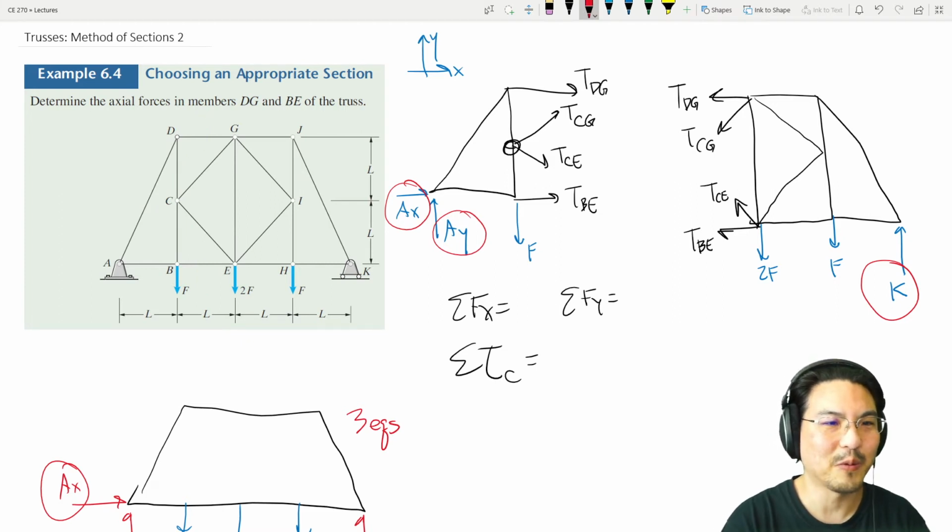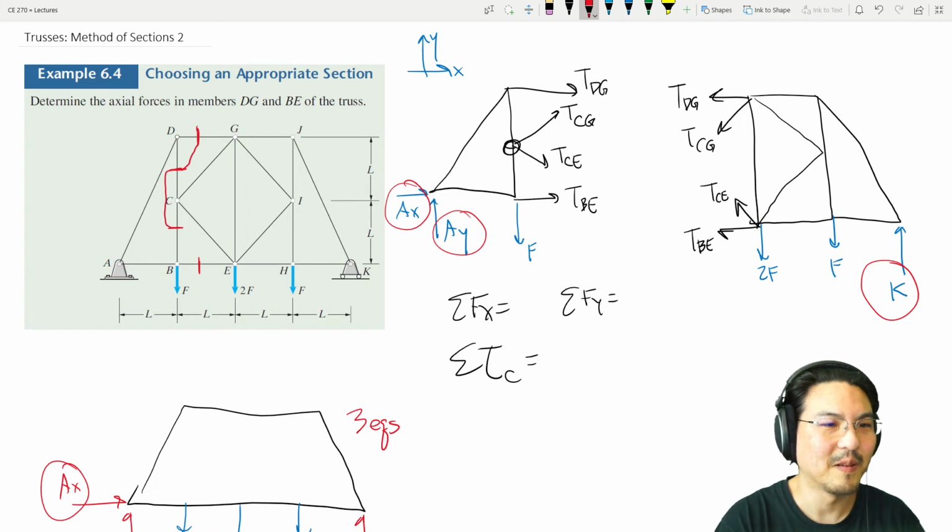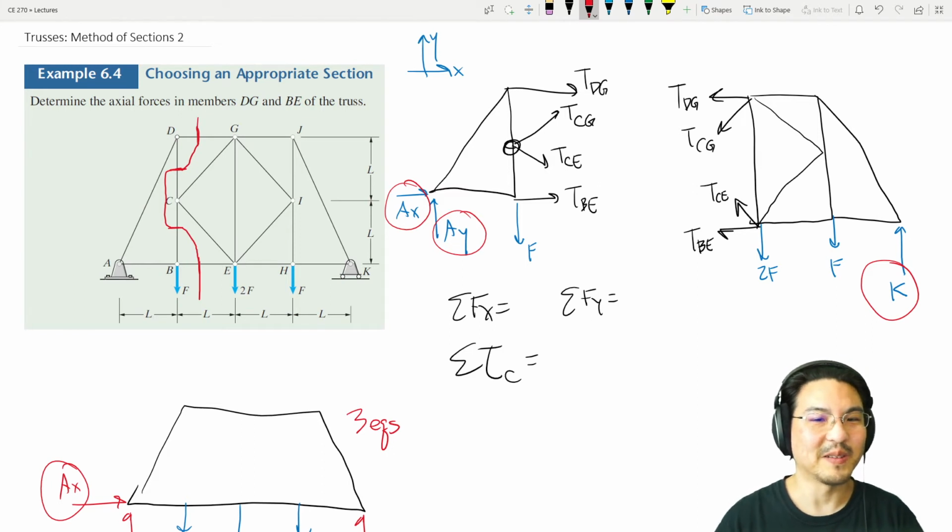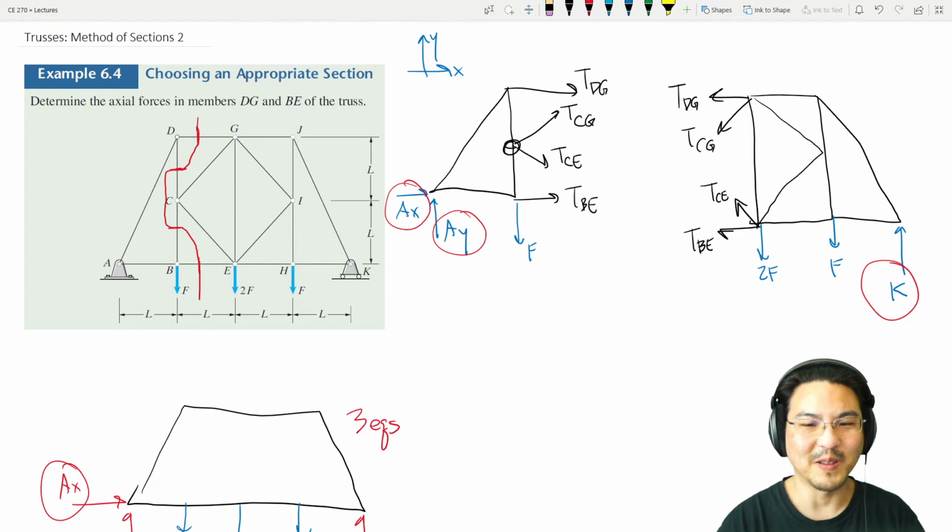So cutting through here and here and here and here. So this is our section. It's like being clever. If that's our section, what does the free body diagram look like? I'll just draw the left side of it. So that section will look like this.